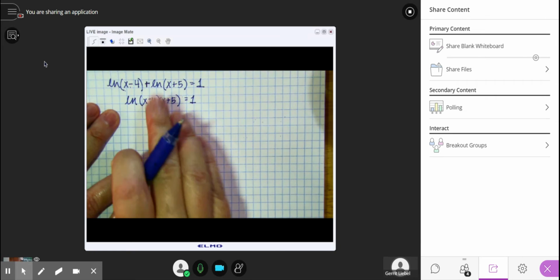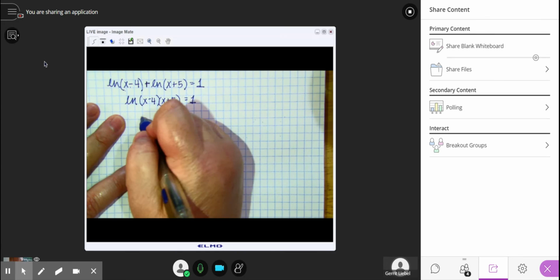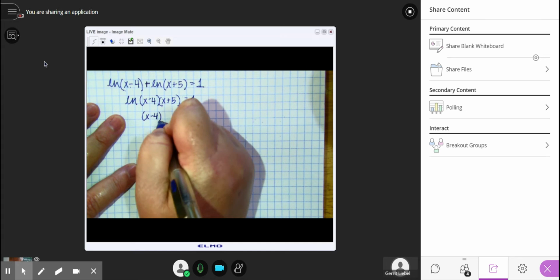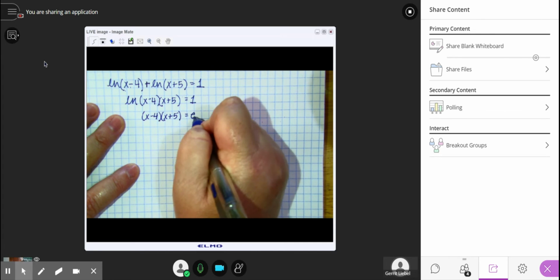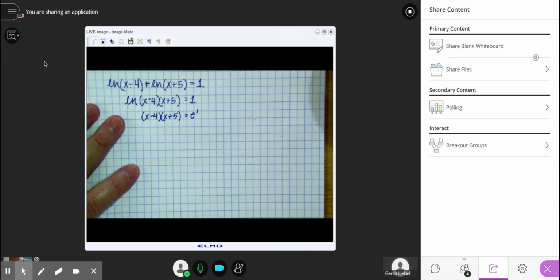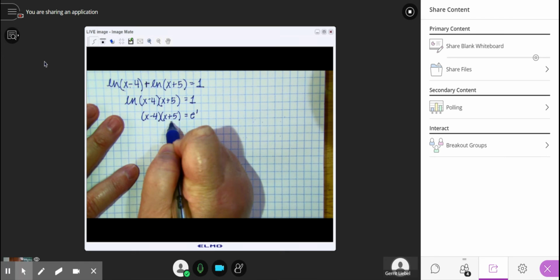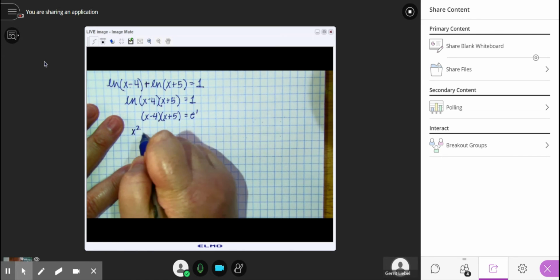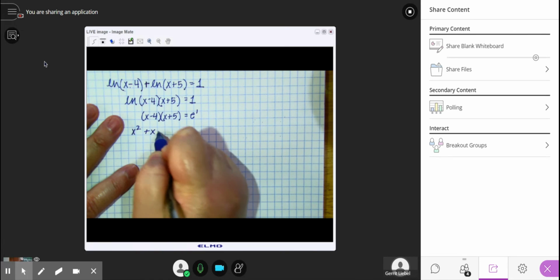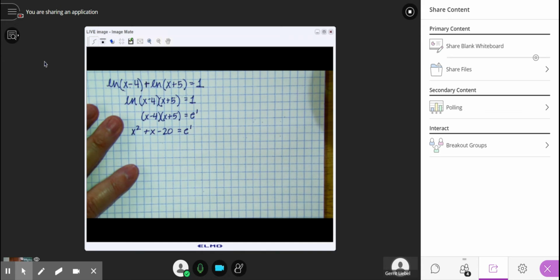Using the definition of logs, I know that (x minus 4) times (x plus 5) has to equal e to the first. So now I can FOIL this: x squared plus x minus 20 is equal to e to the first, or just e if you'd rather. E to the first is just e.